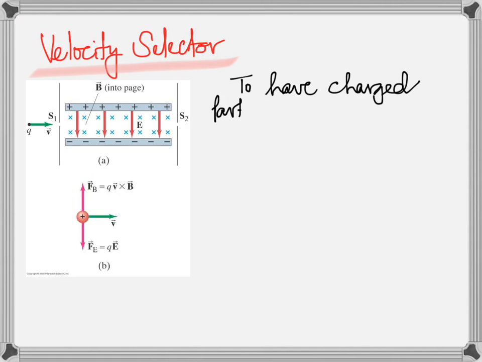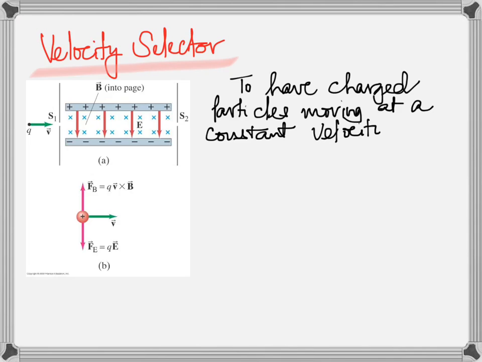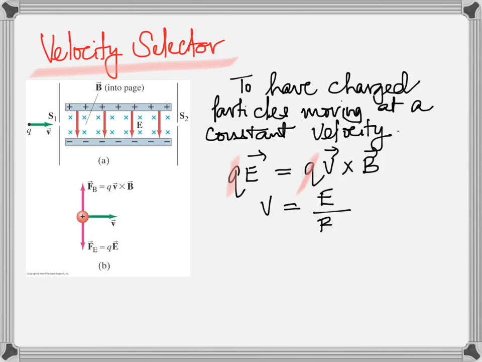Velocity selector is an arrangement where you filter out particles that have the same velocity. Here you have an electric field and magnetic field set up in the same space in such a way that the forces acting on the charged particle entering that space are equal but opposite.